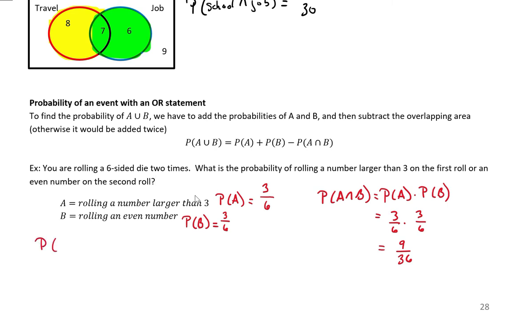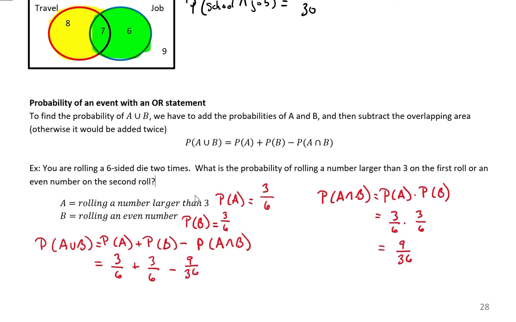Okay, so we can use our formula. The probability of A or B is the probability of A plus the probability of B minus the probability of A and B. The probability of A is 3/6 plus the probability of B, which is 3/6, minus the probability of A and B, 9/36. 3/6 plus 3/6 is 1 whole, which is the same, right, as 36 over 36 minus 9 over 36, which is going to give us 27 over 36.